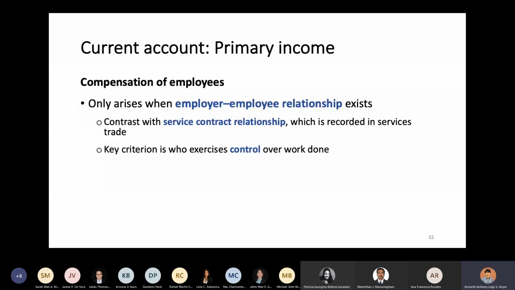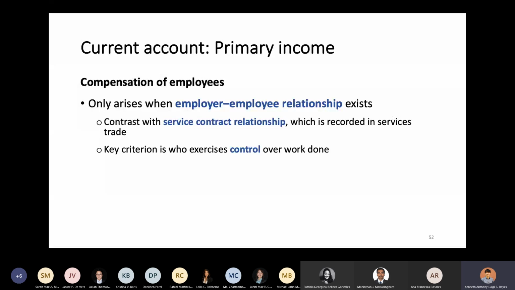So if you hire, let's say, an architect to design you a building, if the architect has control over how the work will be done, then that's a service contract relationship. But if you hire an architectural firm and they have employees under them, those employees don't really have control over the project, so they will just receive a wage, in which case it's under compensation of employees.